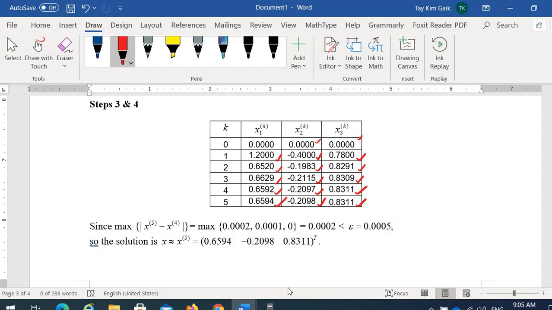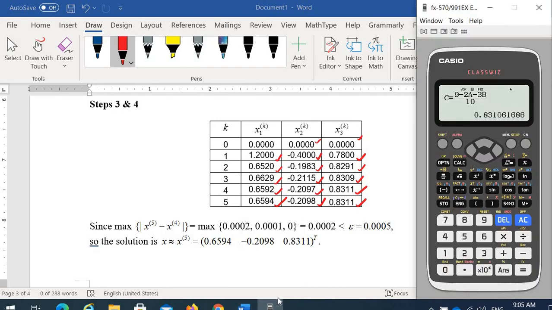The maximum value is 0.002, less than epsilon, because we pick 4 decimal places, we choose epsilon equal to 0.005. So the root of our linear equation is x1 is 0.9594, x2 is negative 0.2098, x3 is 0.8311. Okay, this is using the calculate mode.